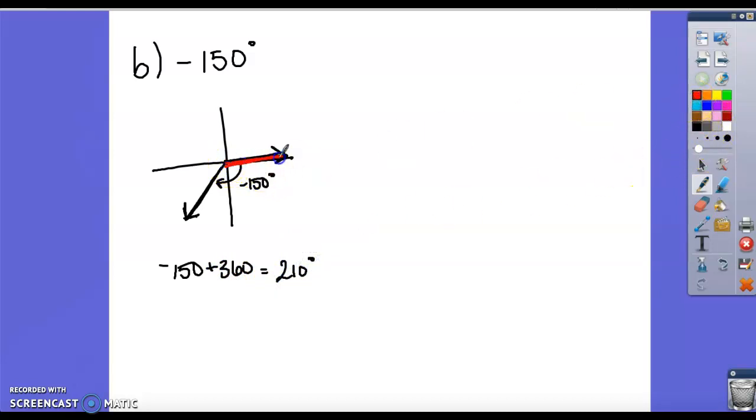If I go this way around, I've got 150 left, so 360 minus 150, or 360 plus negative 150, is 210 degrees. That would be a positive coterminal angle. If I wanted to find another one, I could just add 360 again.